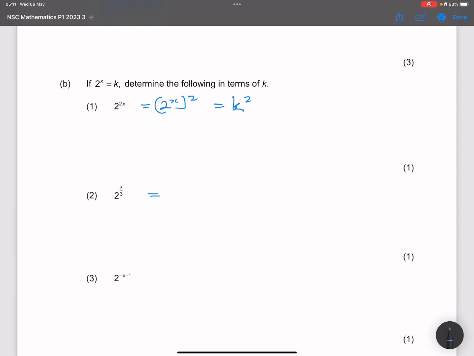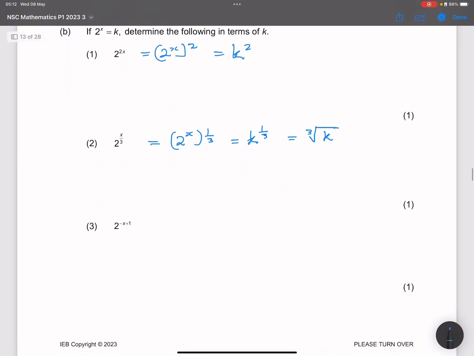So this simply becomes 2 to the x, raised to the exponent 1 over 3. So this will be k exponent 1 over 3, or you can say the cube root of k.